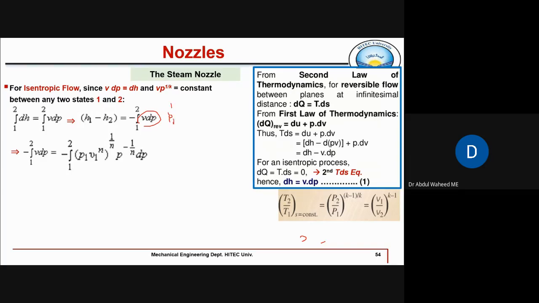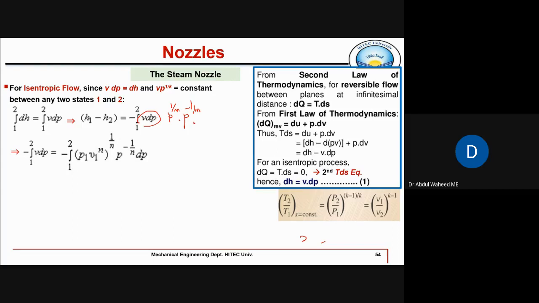P1 to the power 1 over n into P to the power minus 1 over n. So this is VdP into P to the power 1 over n into P to the power minus 1 over n. Does it make any change? This VdP will remain, because when these powers add up it is P to the power 0. Nothing has changed in this equation.